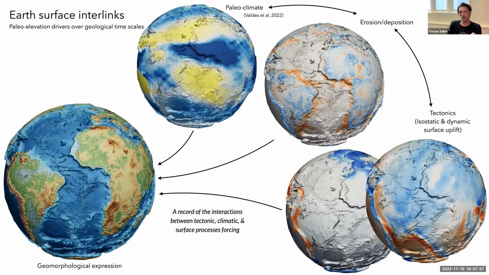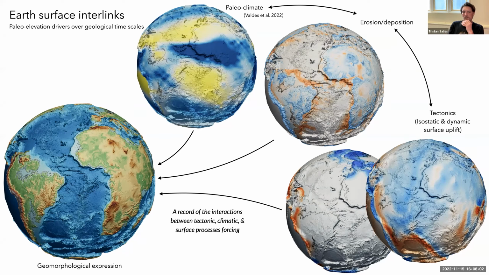If we think about the geomorphological expression, or what you see on the left here, which is a representation of the elevation of the Earth at a given time interval, it's a combination of the interaction between different things. You can imagine the surface as basically the surface of your skin. It interacts with the air, but also with all the things which are happening inside your body.